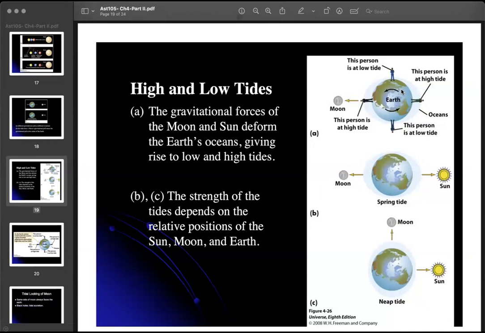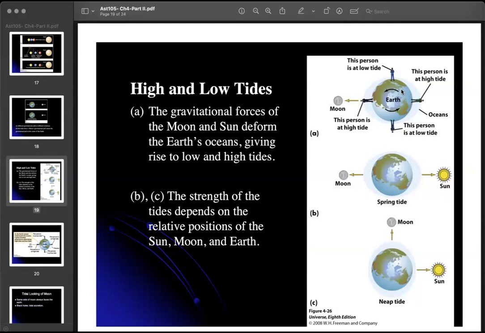So even though the sun is much bigger and much more powerful, its distance from the Earth is also large. So the sun has some effect, and what the sun can do is it can intensify the tidal effect, or it can dampen it a little bit.